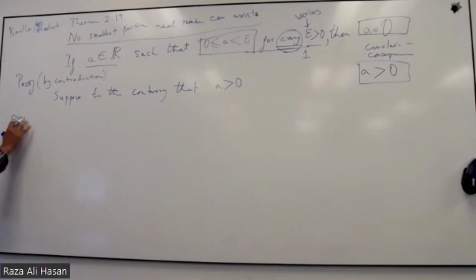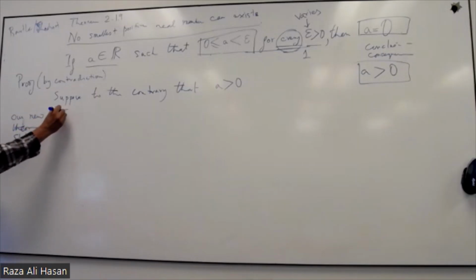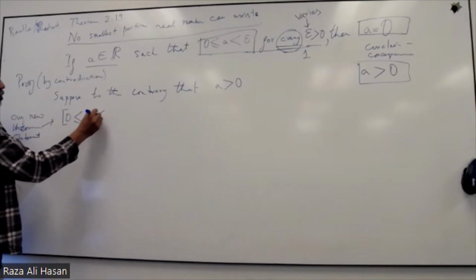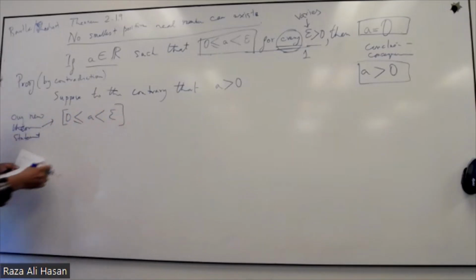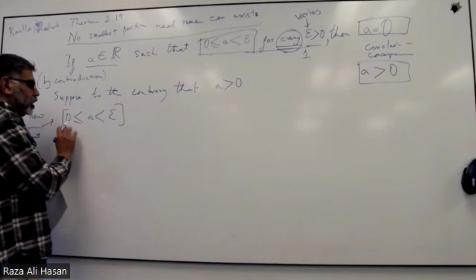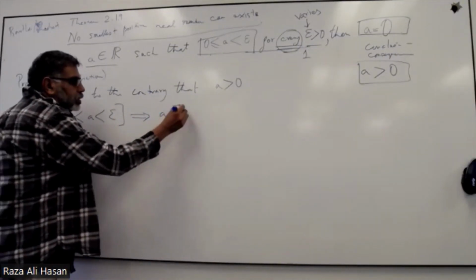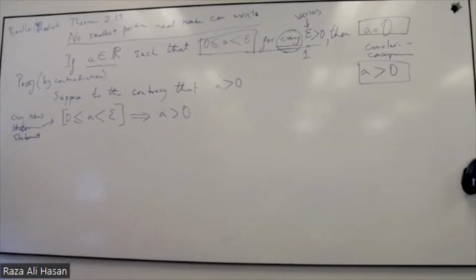Our new theorem statement that we're going to prove is this: if this condition is true, it implies that A is greater than 0. This is what we are now trying to prove. Vincent, you good? Yep. Okay.